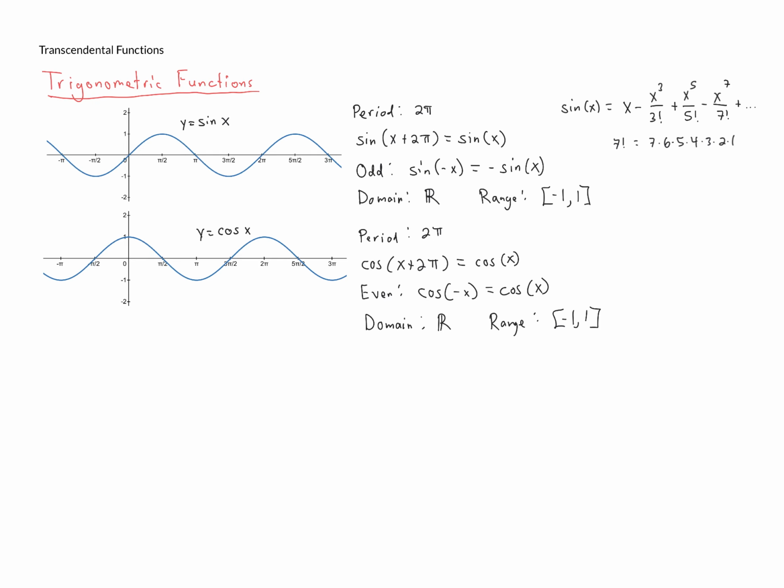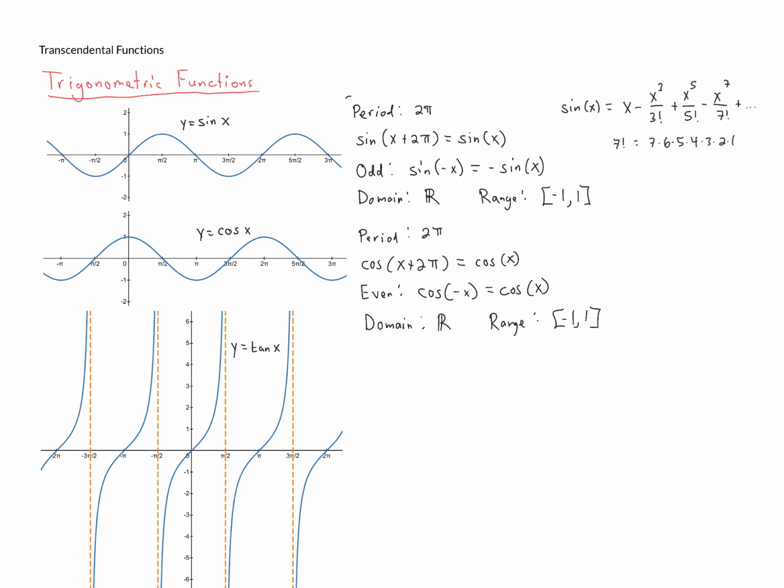But for now, I want to look at one more trigonometric function. We know there are actually 6: sine, cosine, tangent, cotangent, secant, and cosecant, but sine, cosine, and tangent are generally the ones that we focus on the most. So let's look at tangent of x.